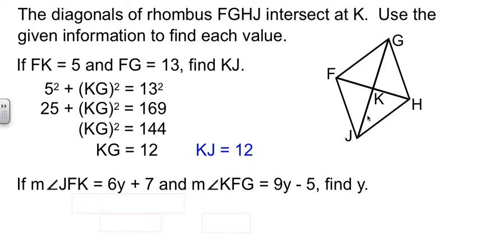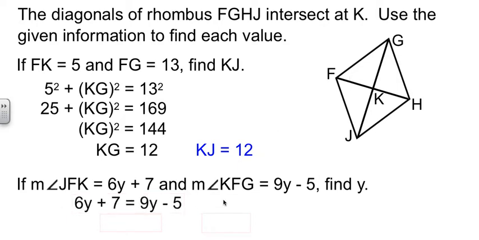Another problem, angle JFK is 6y plus 7, and angle KFG is 9y minus 5. What do we know about those two angles? Hopefully you're saying they're congruent because this diagonal bisects the big angle. So these two parts are congruent to each other.